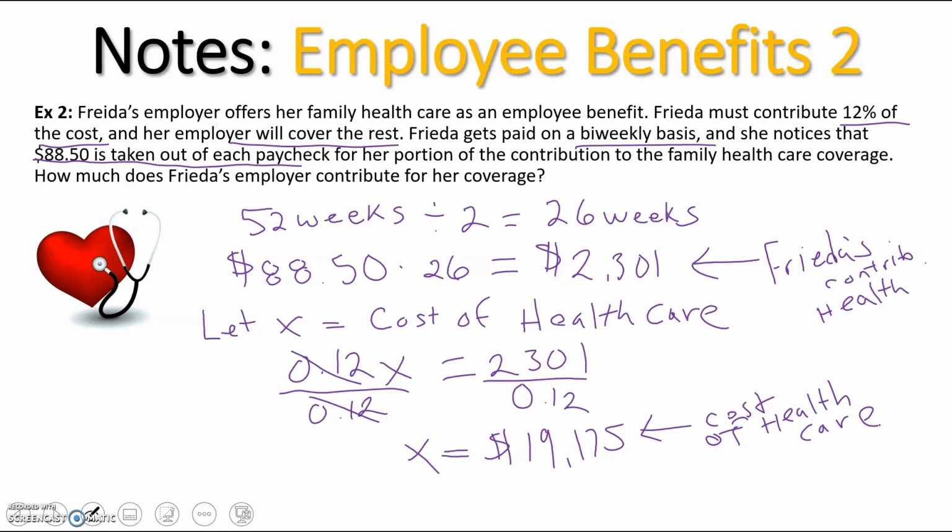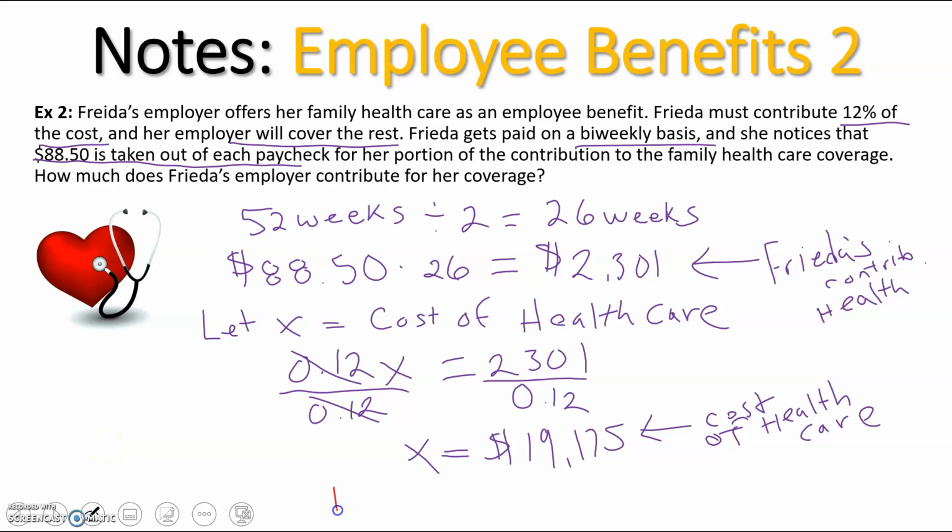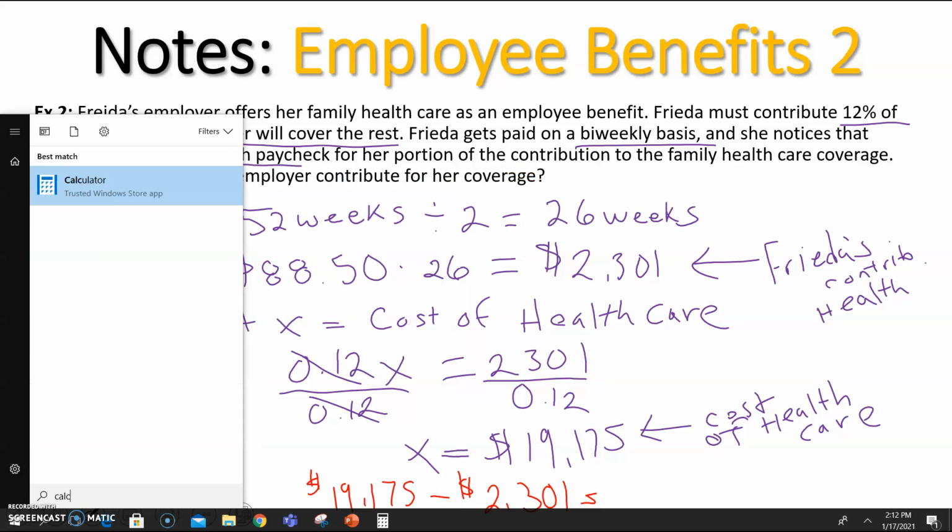Well, the total cost is $19,175. We know how much Frida pays. So in order to figure out the amount that her employer contributes, it's going to be the difference between the two. So let's take this 19,175 and let's subtract how much Frida contributed, that 2,301.